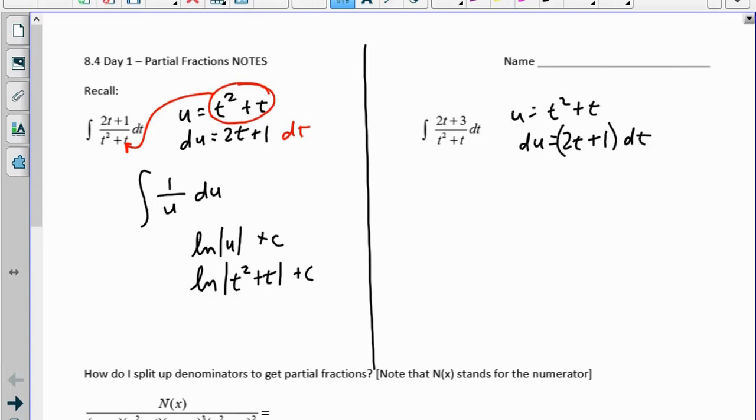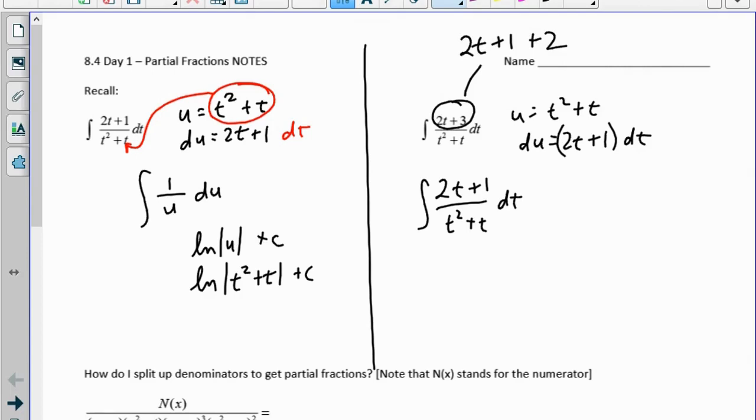We can rewrite the numerator of this problem as 2t plus 1 plus 2. So we could have the integral of 2t plus 1 over t squared plus t dt plus the integral of 2 over t squared plus t dt.